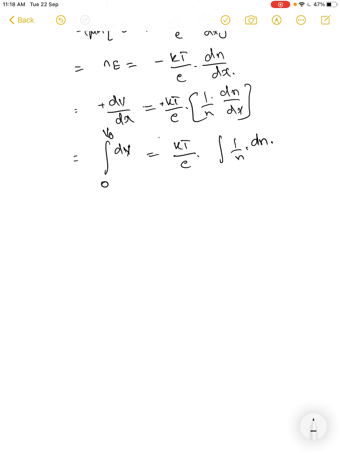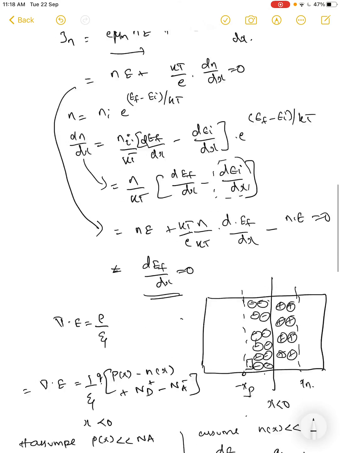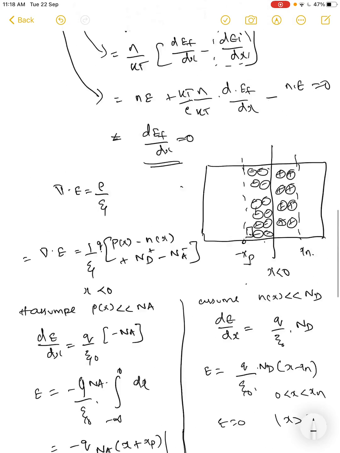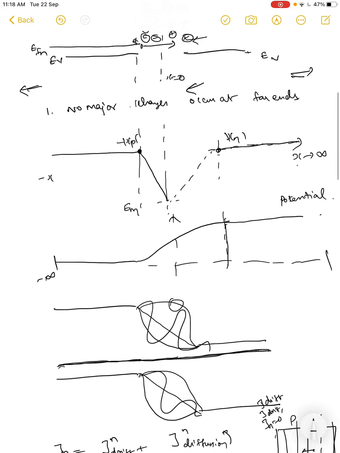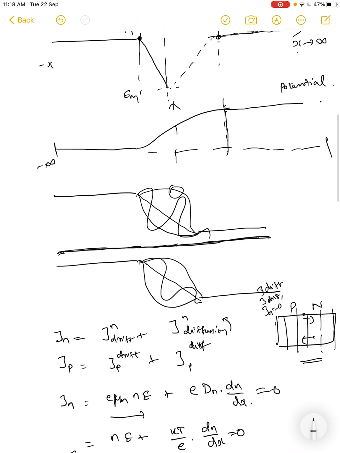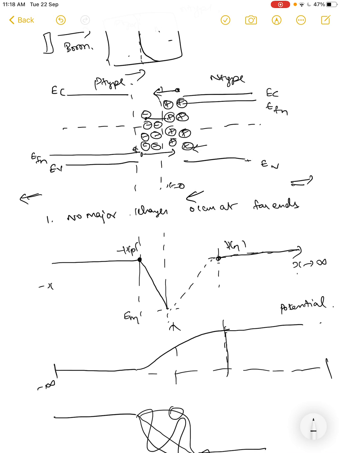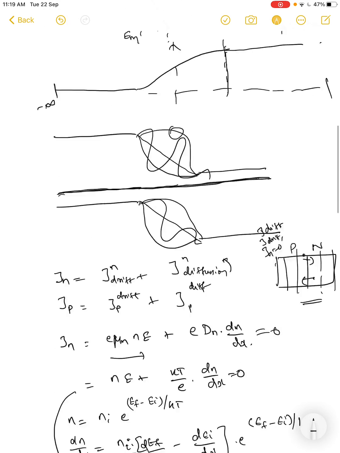On the electron density side, at x equal to minus infinity, which is p-type material as we have drawn here, the electron density is the electron concentration in the p-type, and at positive infinity it is the electron concentration in the n-type.